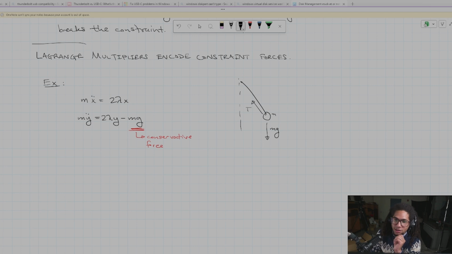So this is in fact just the x component of tension, and this is just the y component of tension. And since tension changes, that is why lambda needs to be a function of time.